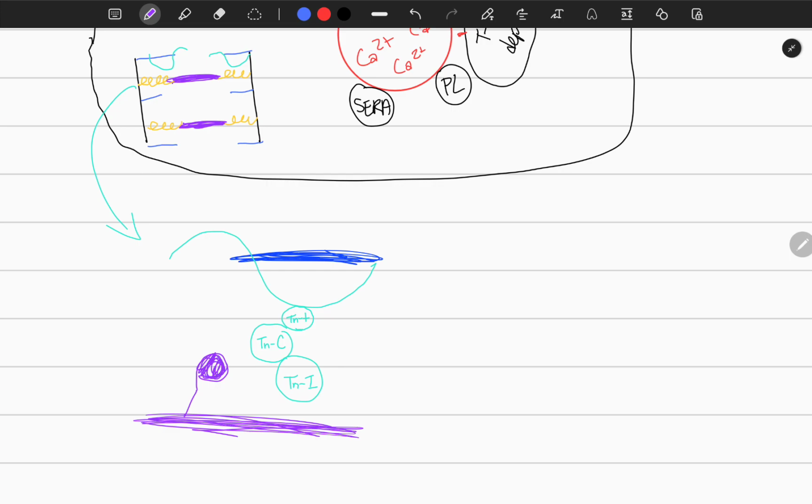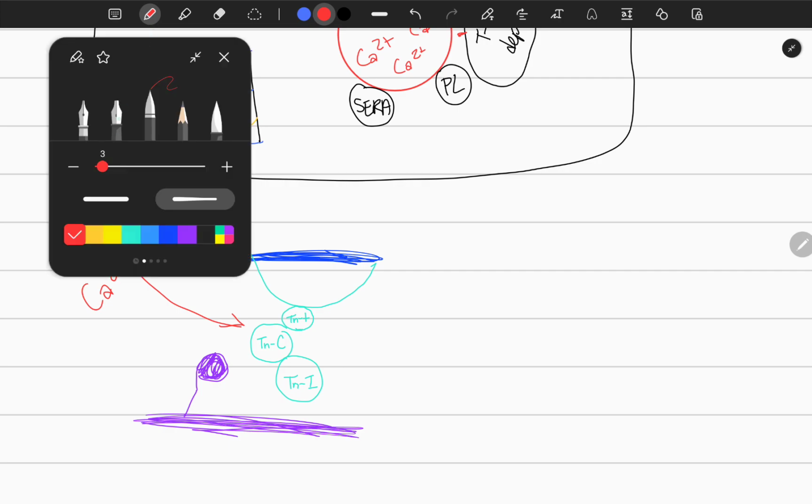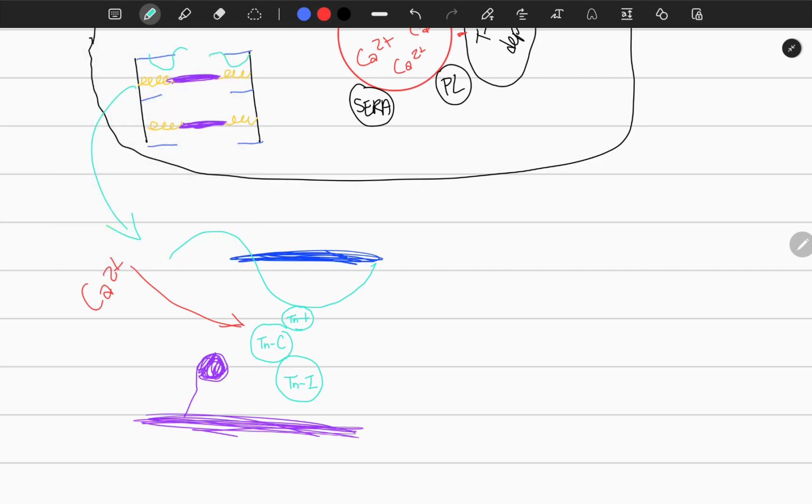The myosin head cannot bind to actin because of the tropomyosin blocking it. With calcium, it will bind to TNC, which will cause TNI to move. TNI will move, which will then cause TNT to move. All of this is going to cause tropomyosin to move out of the way for actin to be exposed.